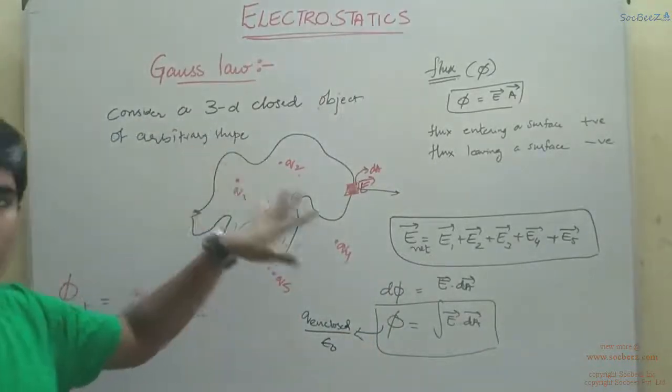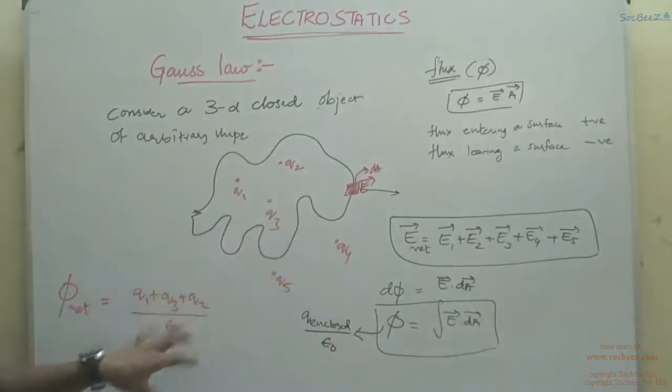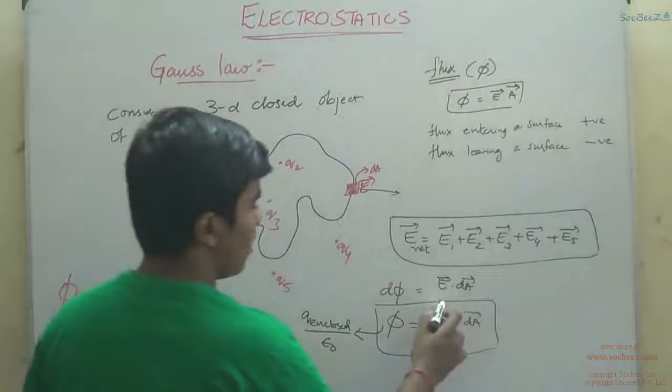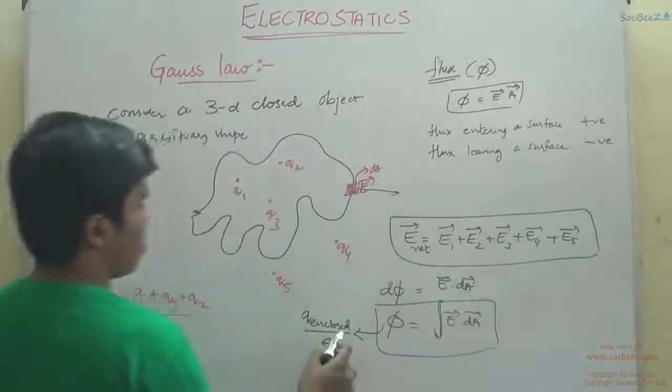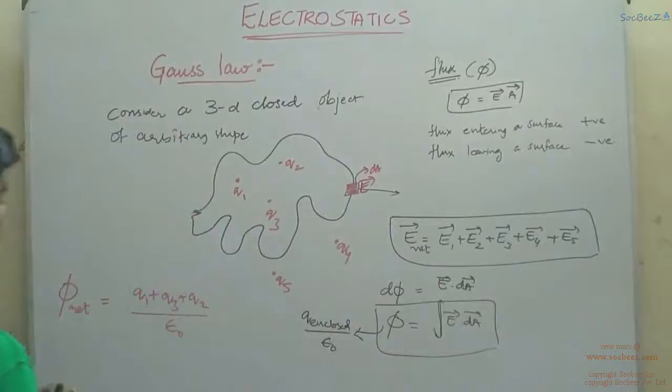Those are the charges present inside the body. So the Gauss law says that the net electric flux through a surface is equal to the charge enclosed inside it divided by epsilon naught. Now what does that mean?